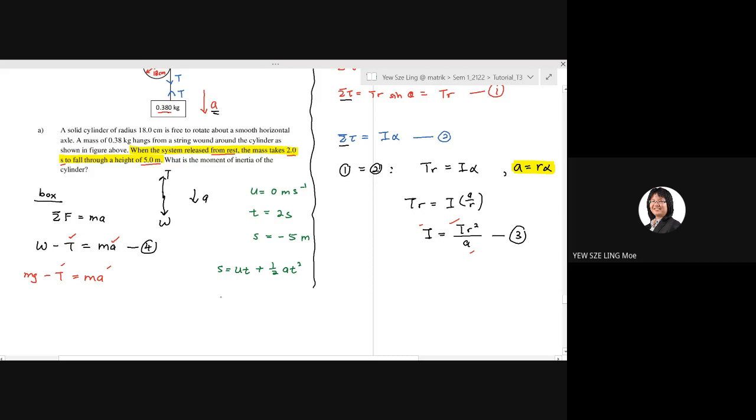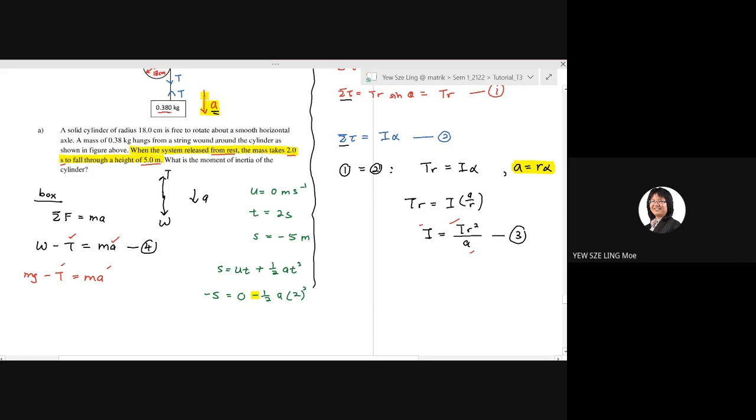So s is negative 5 equals 0 minus 1 over 2 a times 2 squared. I put a negative here because my a is going downwards according to the diagram.